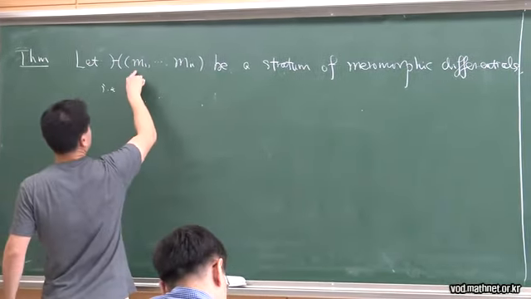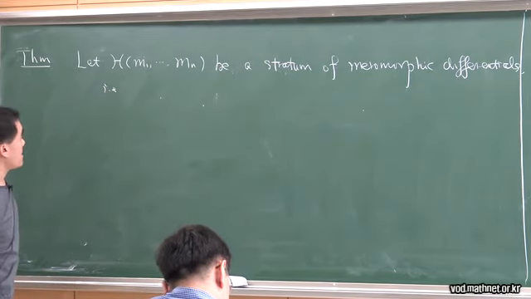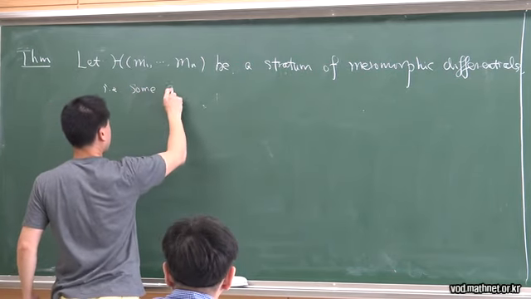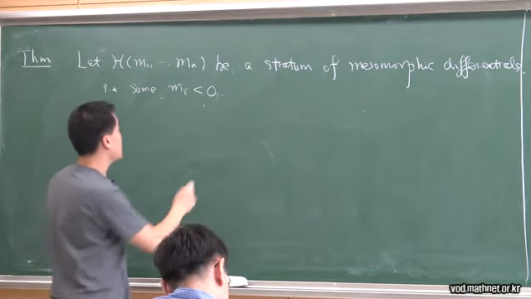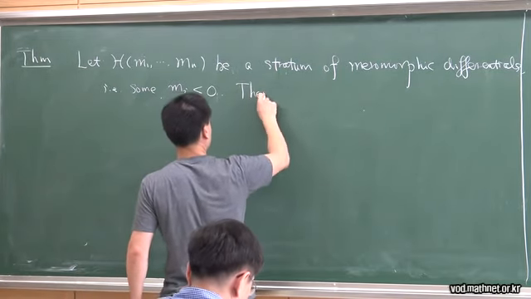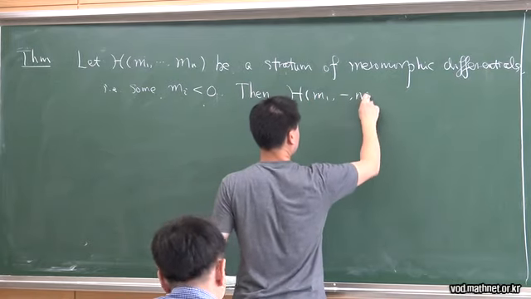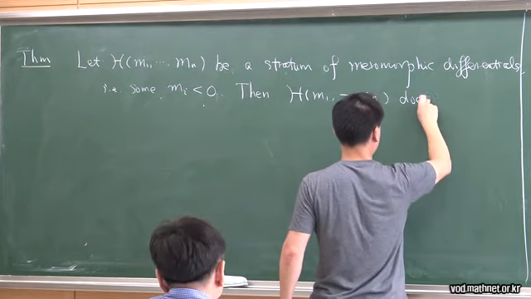Meromorphic just means the differentials have some poles, so some signature m_i is negative. Then the result says this stratum H(m_1, ..., m_n) does not contain any complete curve.